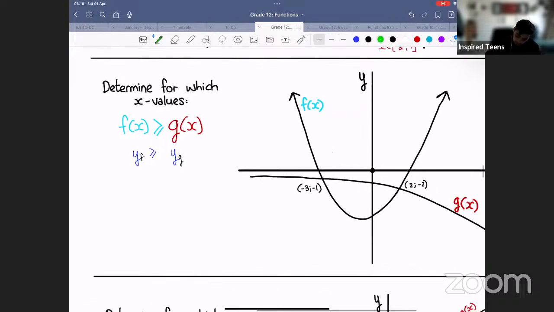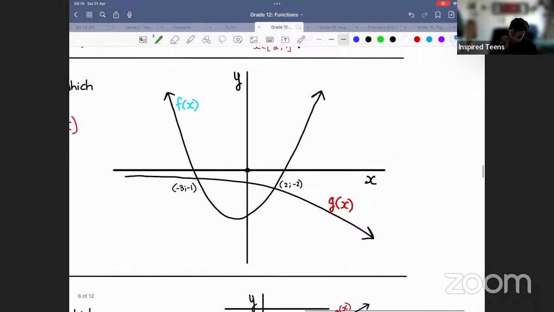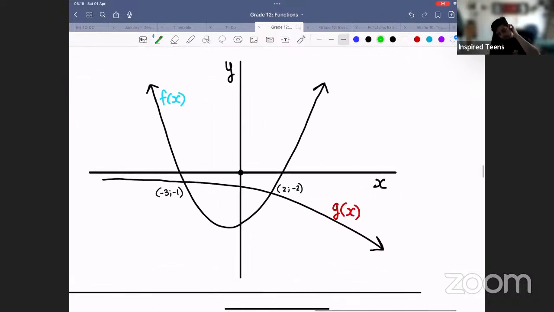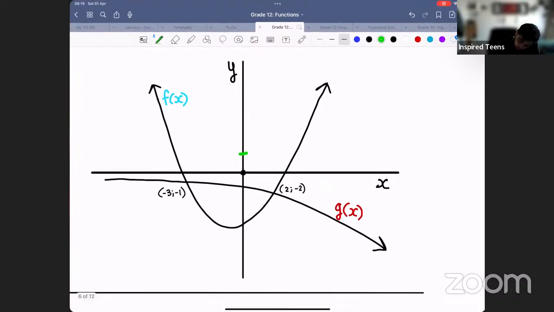How would these two points be relative to each other if one is bigger than another? That's easy. Here my y coordinate may be 1, here 2, 3, maybe here is -1 and so on.